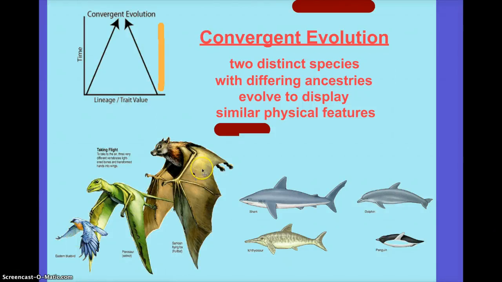So for example, wings, right? Of bats and historical birds and birds of today, all similar. The environment required bats to have a specific wing for survival, and that's why they have a similar feature to birds who require the same type of survival.